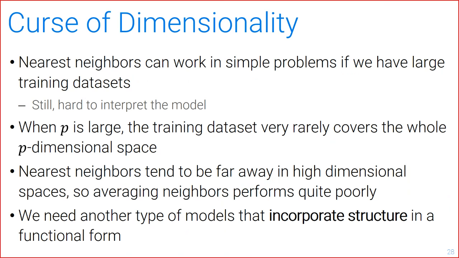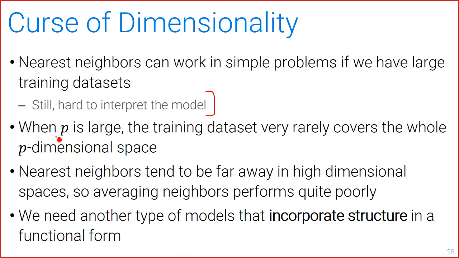The problem is nearest neighbors works kind of reasonably well for problems in which we don't have a lot of variables, or if we have a lot of training data. Still, it's going to be hard to interpret the model because you basically do not have any explicit relationship between the features and the response. But maybe this model is good enough for prediction.